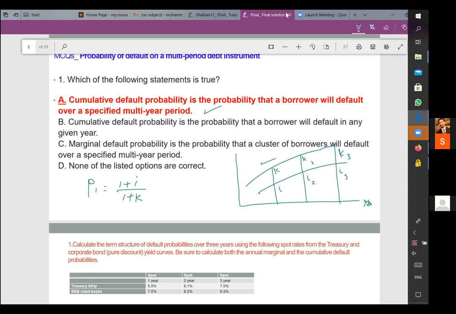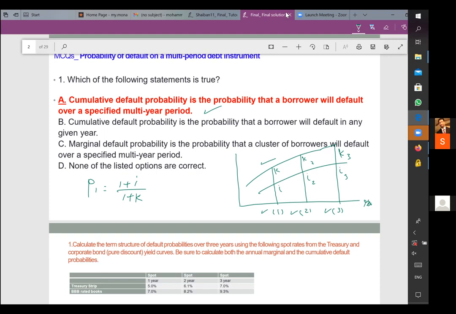But if we are talking about cumulative, if this is year 1, year 2, and year 3, we want to take this loan, we are giving a loan of 3 years. Then in this case, we want to see the defaulting of year 1 and the defaulting of year 2 and the defaulting of year 3.